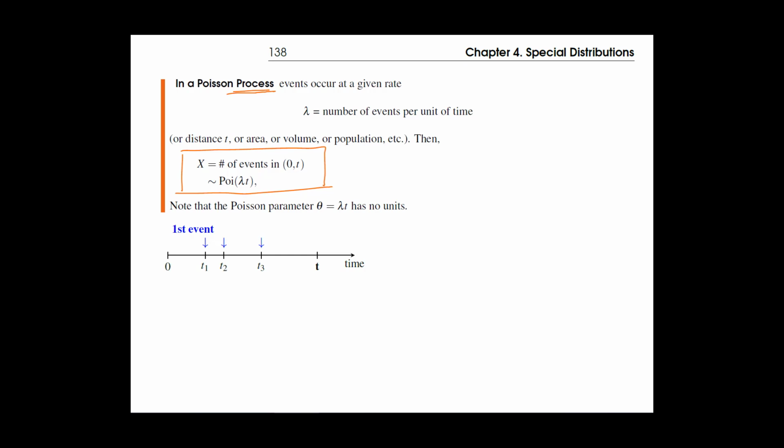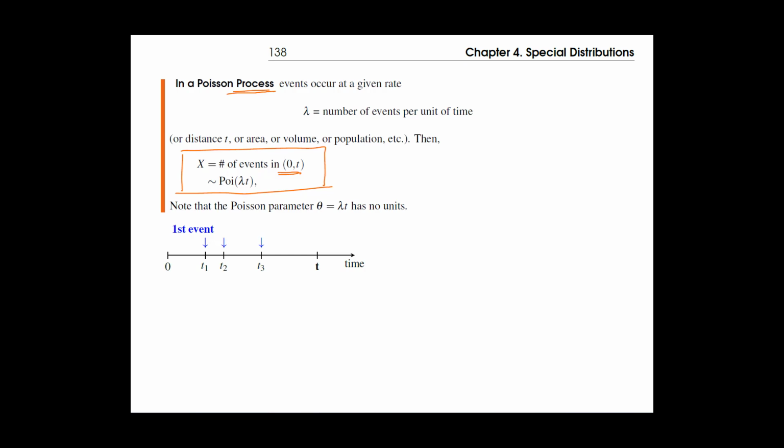So it's the number of events in the time interval 0 to t. And it's this interval that makes it a process, right? Because for every time t, you're going to have different random variables. Okay? But they're all Poisson with the same rate, with the same parameter.